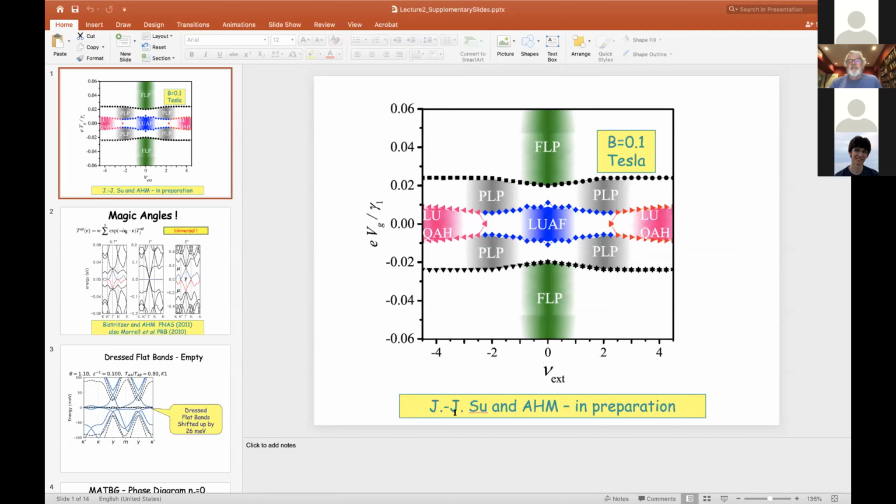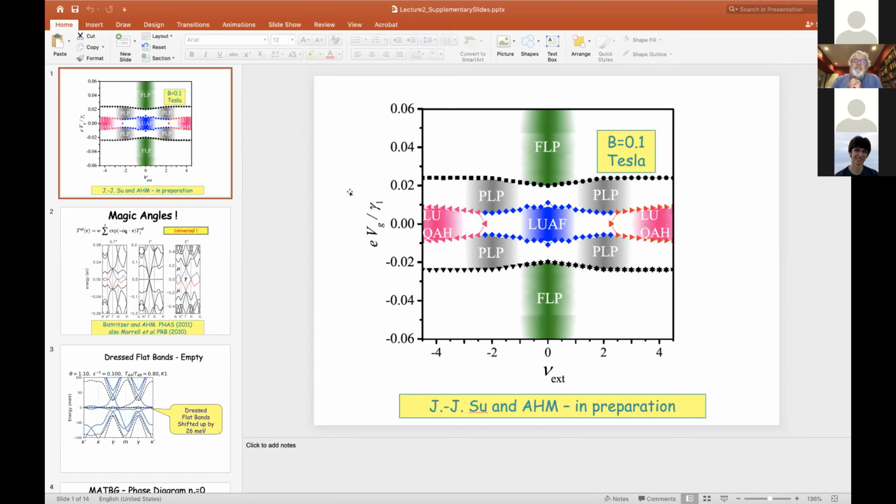So filling factor along this axis, and gate voltage along this axis. And the thing I haven't mentioned so far is that in bilayer graphene, of course, all of the bands occur with 2 valleys and 2 spin states, so 4 flavors.